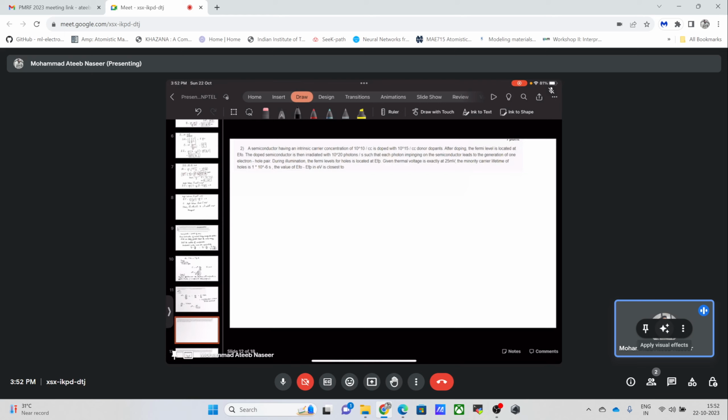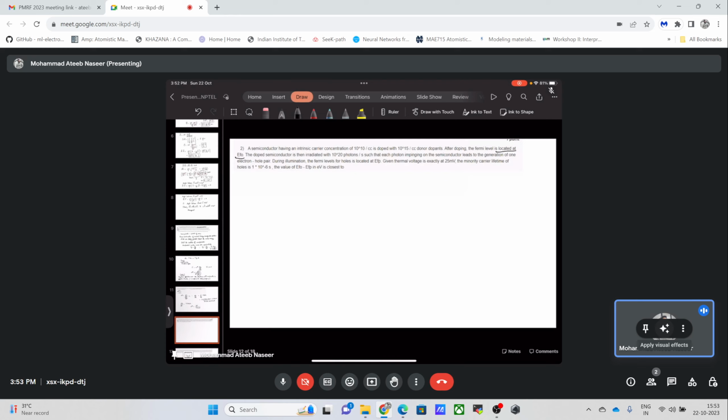After doping, the Fermi level is located at some position given by EF0, and the doped semiconductor is then illuminated with 10 to the power of 20 photons per second, such that each photon impinging on this semiconductor results in the generation of an electron hole pair.